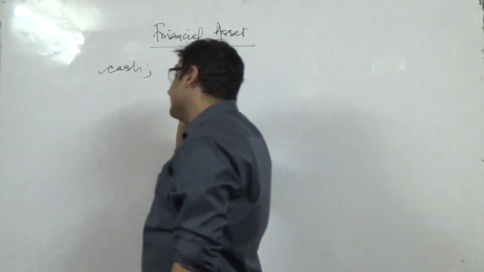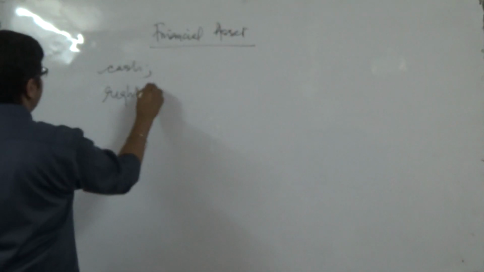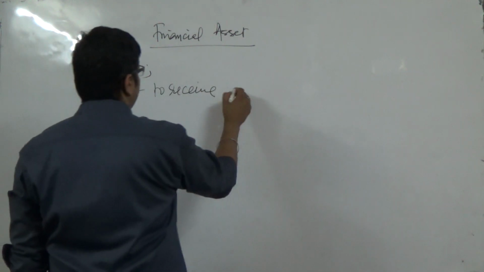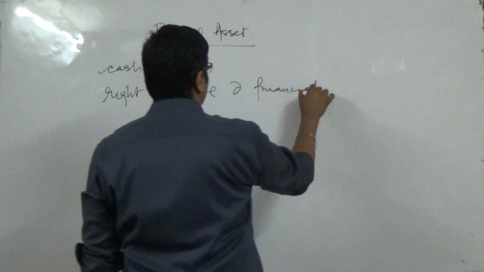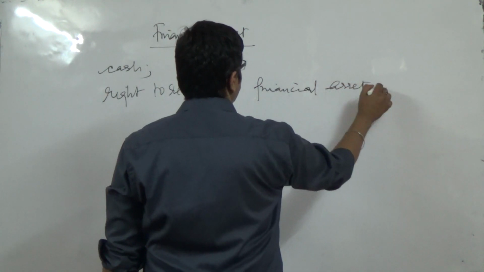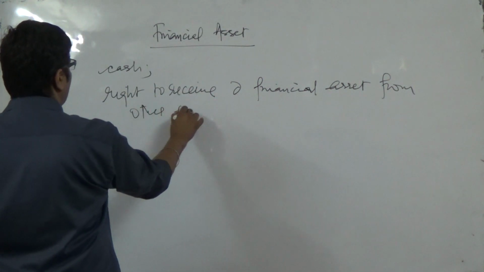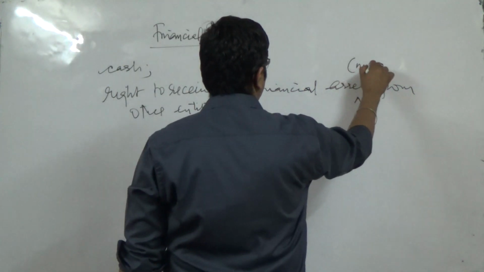But if, let's say, there is cash, that is an example coming within the definition of financial assets. A right to receive a financial asset from another entity.